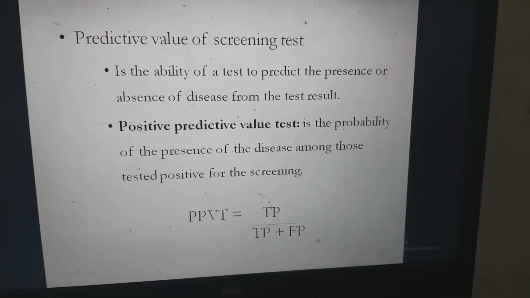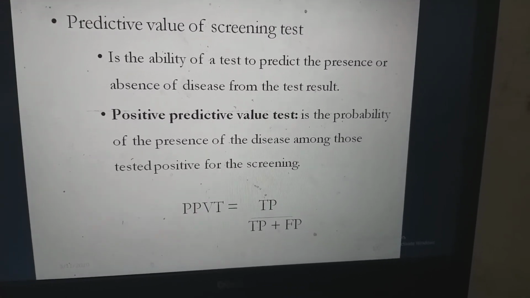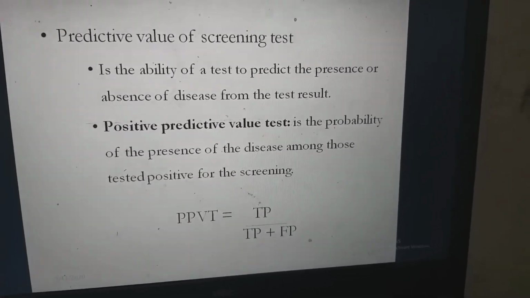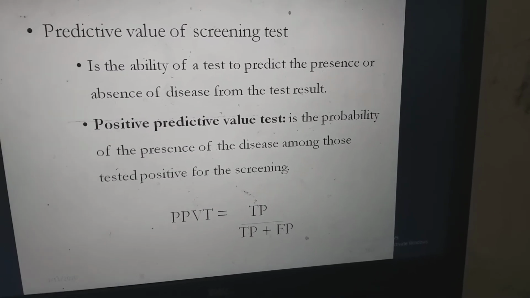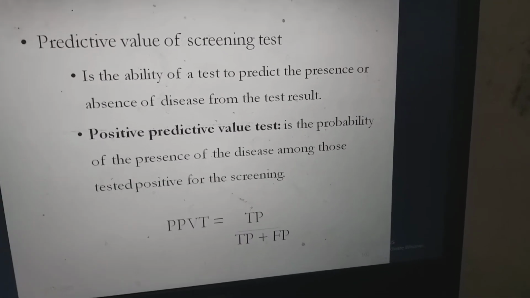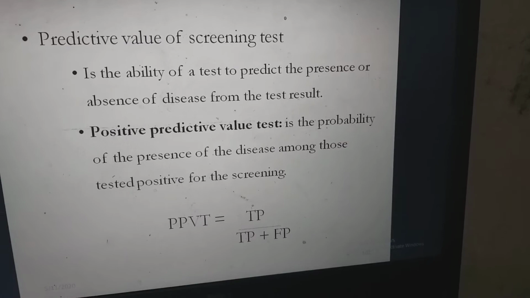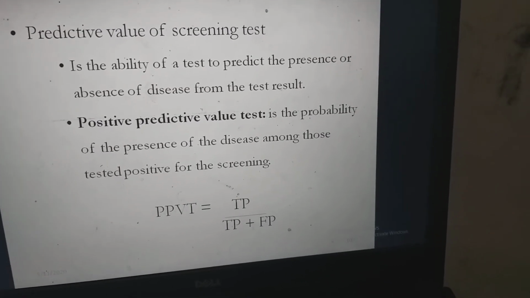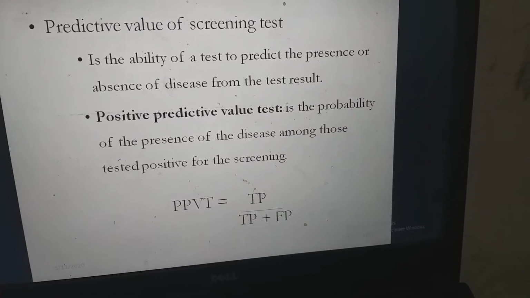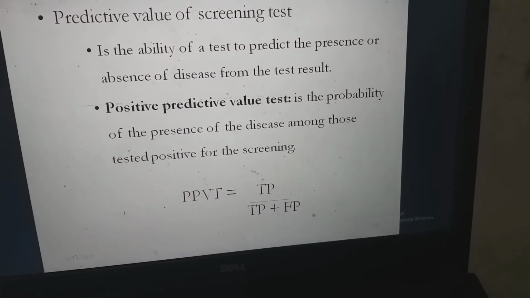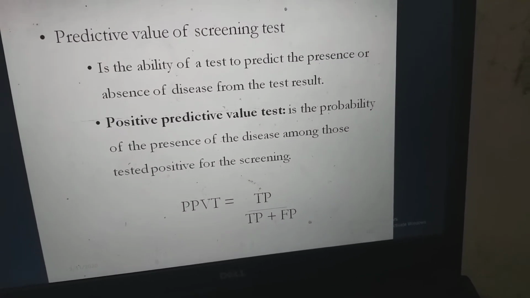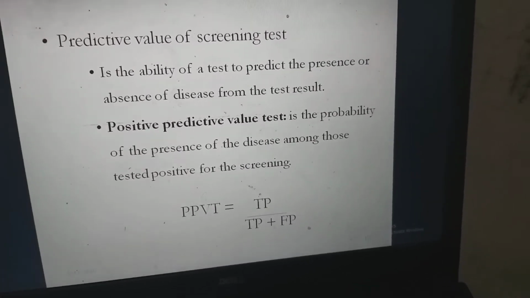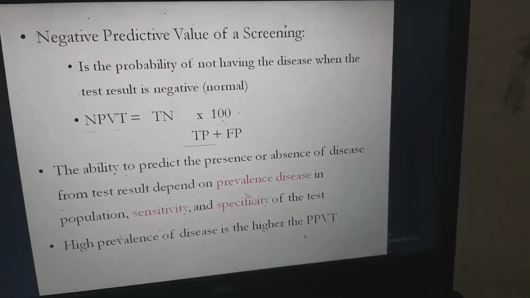Among those who test positive, do you think all of them have the disease? No. Among these test positives, what is the amount who really have the disease? That is what we call positive predictive value. So positive predictive value is equal to true positive over true positive plus false positive, times 100.